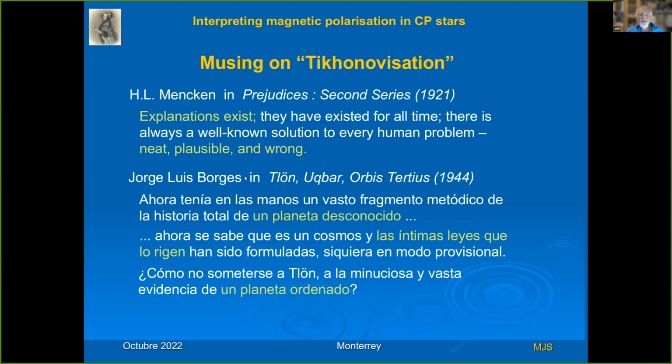And then, of course, Jorge Luis Borges, in his Tlön, Uqbar, Orbis Tertius, I get the impression when I look at these maps of 53 Cam and of other stars: ahora tenía en las manos un vasto fragmento metódico de la historia total de un planeta desconocido. And you can read the rest. My Castellano is too bad, it's better you read it. So it's something that has nothing to do with physics.